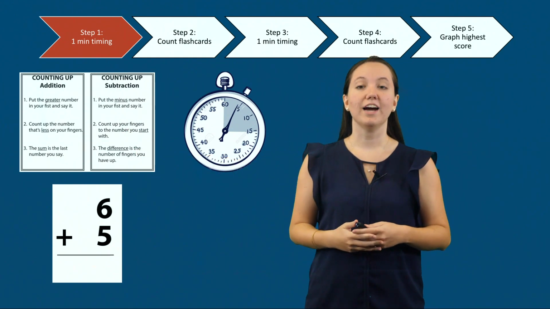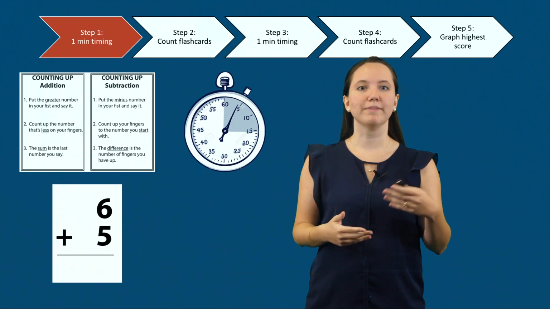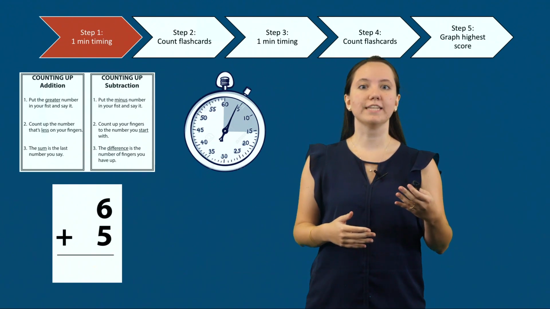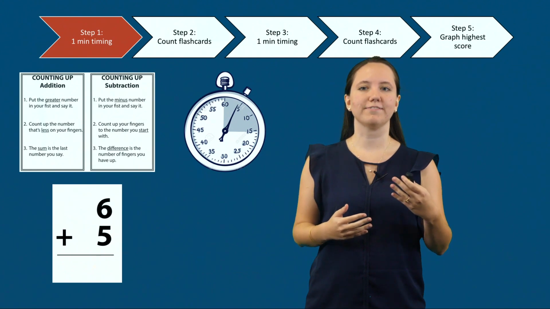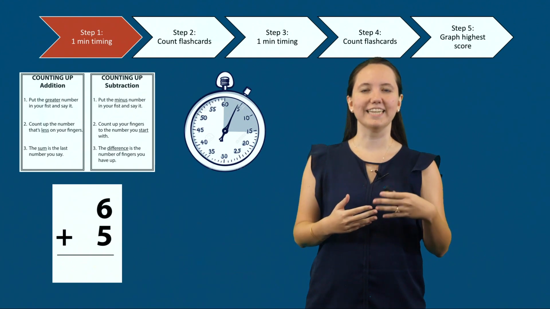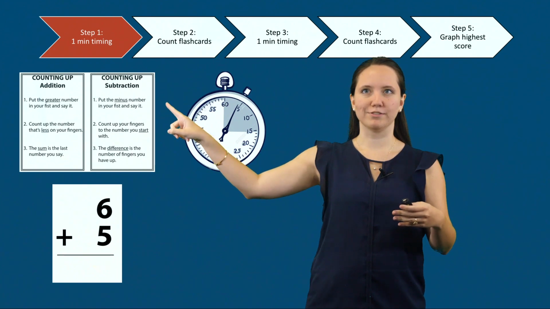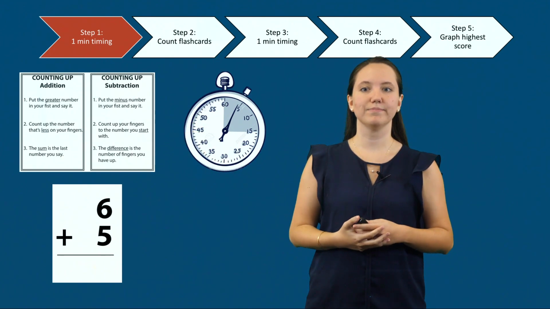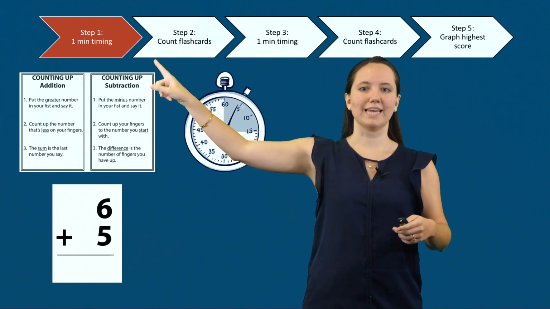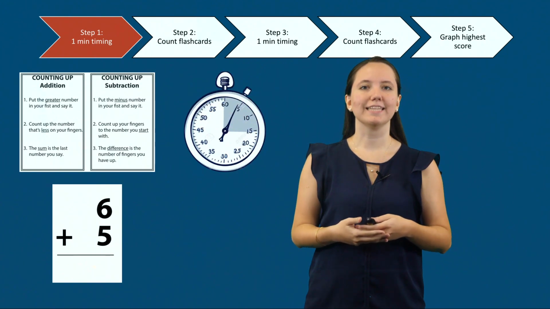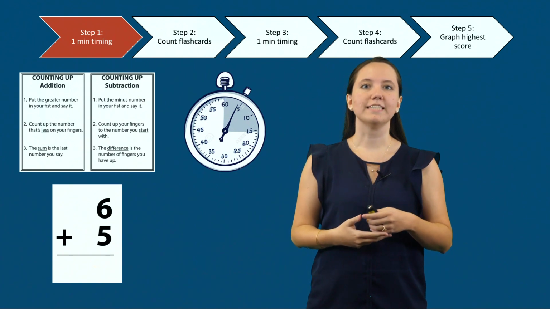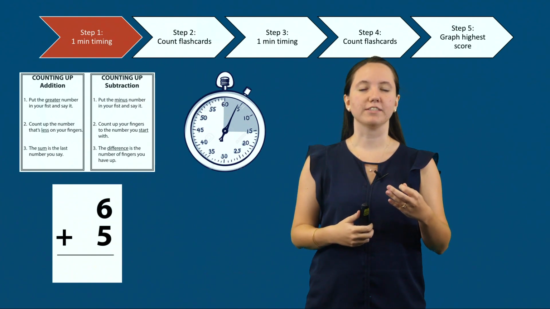All right, so before the activity begins, make sure you have your counting up, addition, and subtraction poster displayed so that students can use the poster to help them answer flashcard facts if needed. A picture of the counting up poster is shown here as a reminder to display it before the activity begins. So step 1 says 1 minute timing. The teacher begins by setting the timer for 1 minute and says start. Once the timer starts, the teacher shows the first flashcard to the first student.